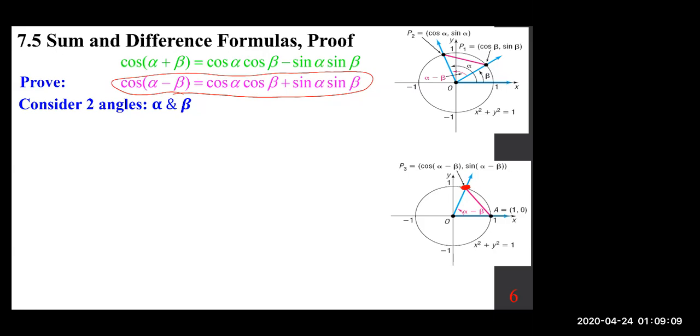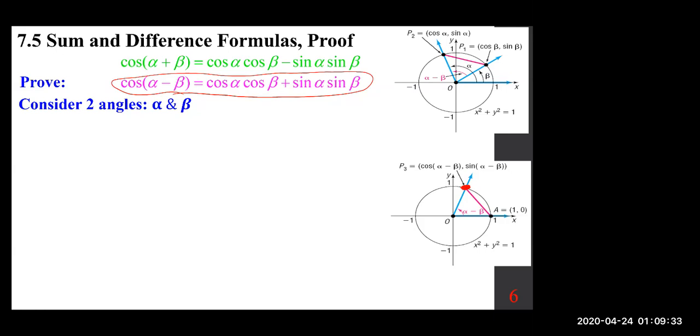And so we are interested in cosine of alpha minus beta. We also do the same thing by putting it in standard position, a new point having coordinates cosine of alpha minus beta and sine of alpha minus beta.